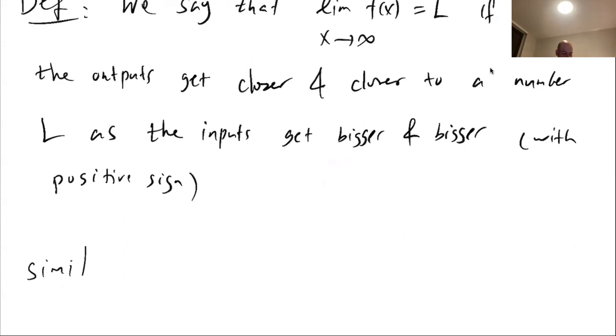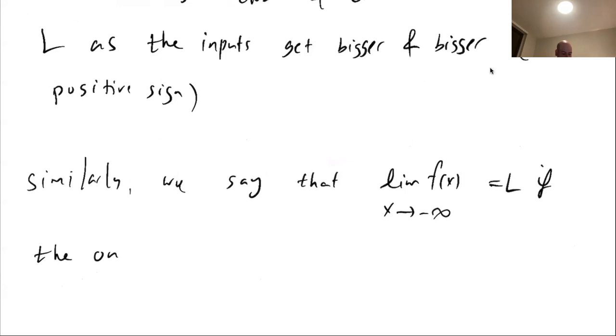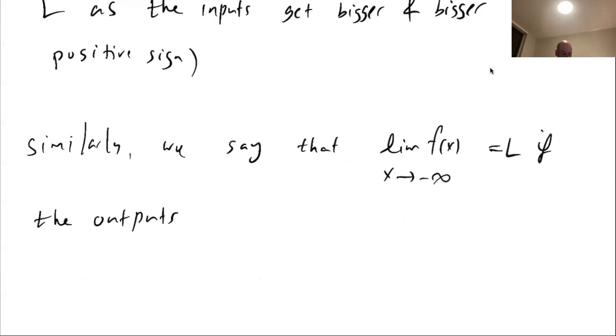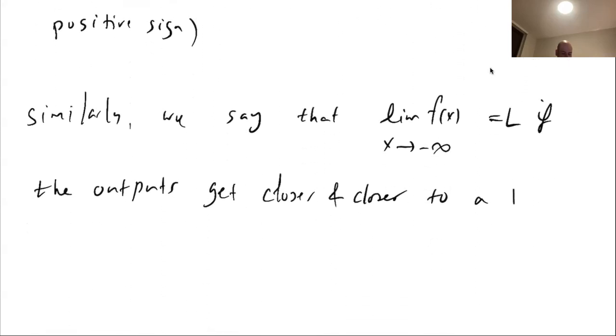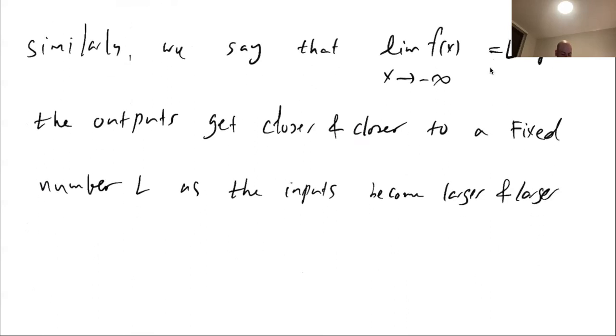So similarly, we say that the limit of f of x as x approaches minus infinity equals L, again, if the outputs get closer and closer to a fixed number L as the inputs become larger and larger with a negative sign.